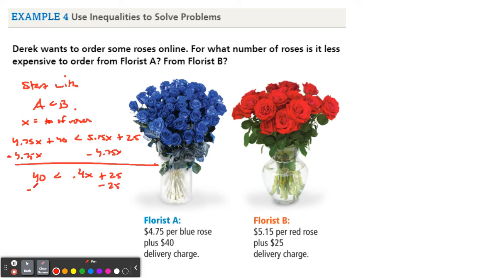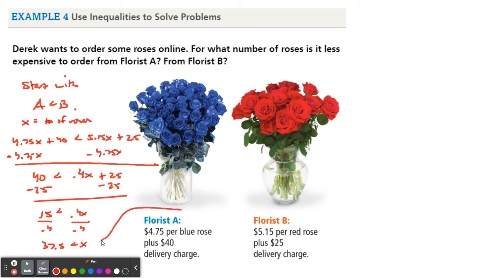I'm going to subtract 25 on both sides to start isolating the x. So I get 15 is less than 0.4x, and I'll divide by 0.4. And what I get is 37.5 is less than x.